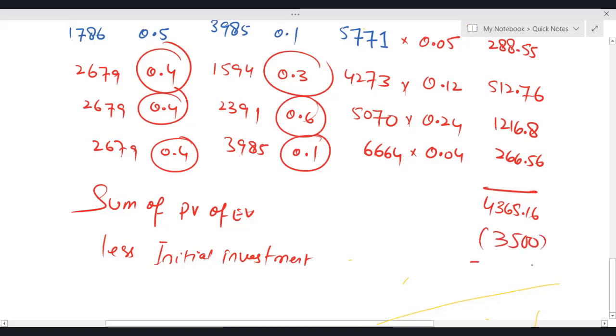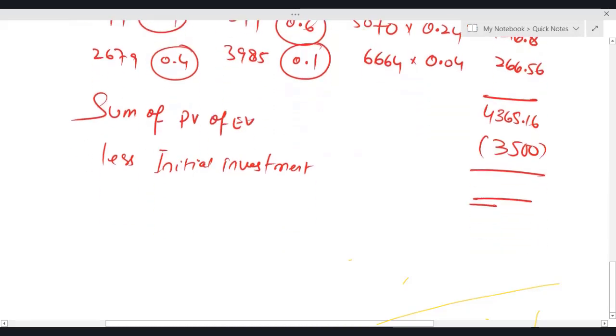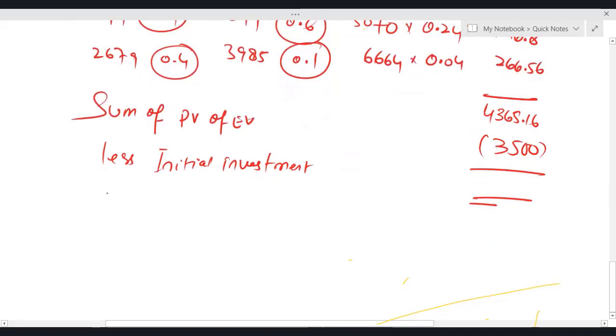Here comes the expected value of NPV: $865.16 positive. So the expected value of NPV is 865.16.